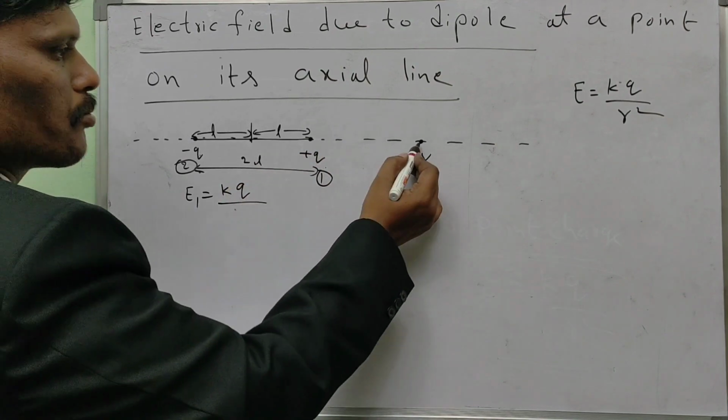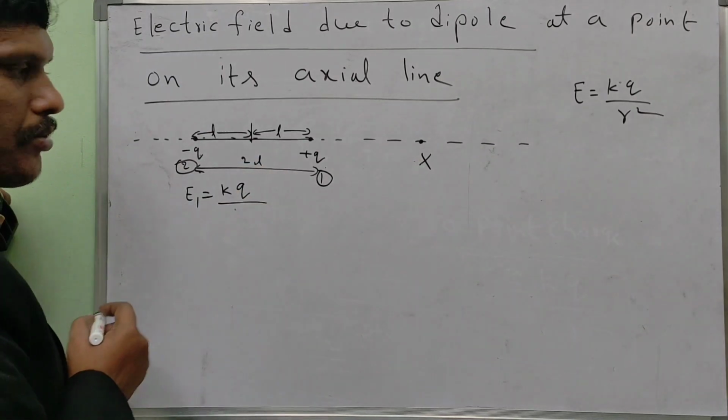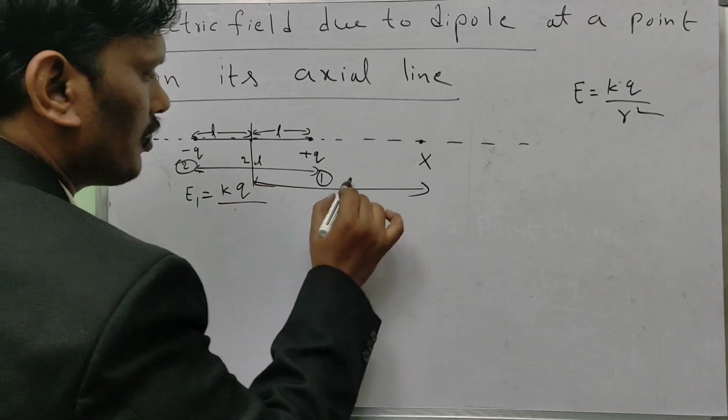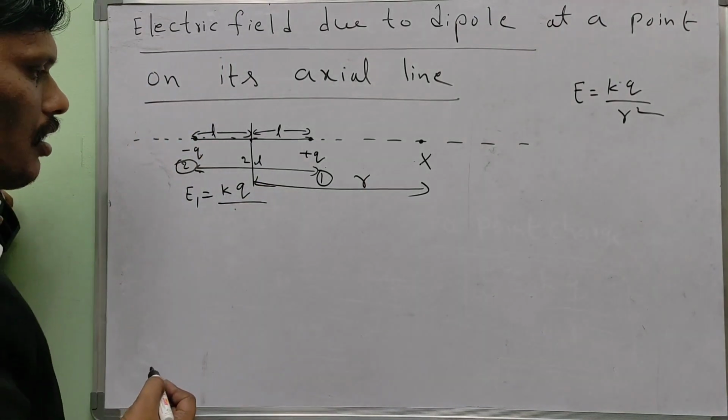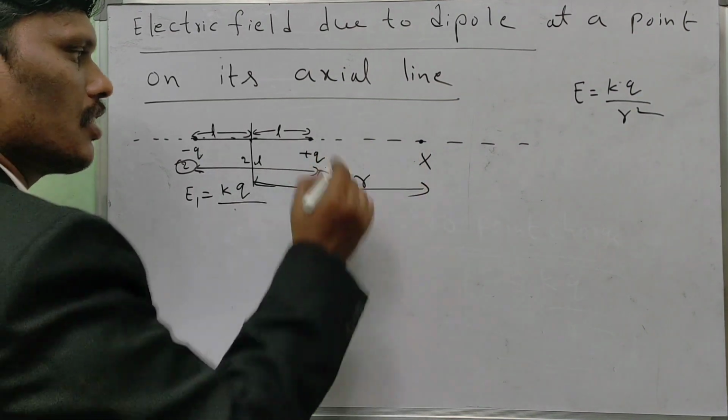My dear student, I am going to consider a point X at a distance r from the dipole. From the dipole means from the center of the dipole. That is r. Then what is the distance of the point from the plus Q charge?